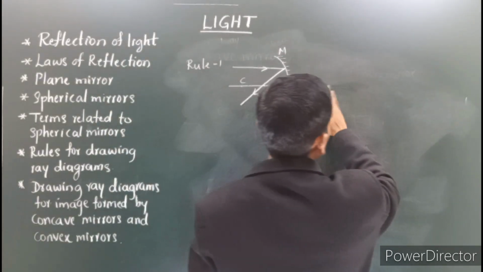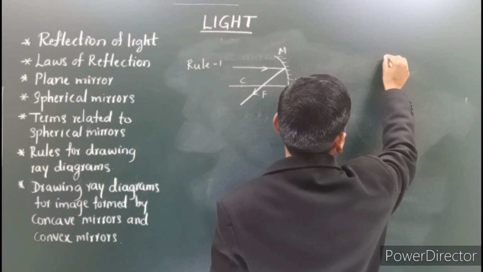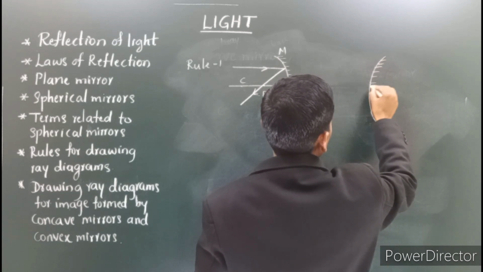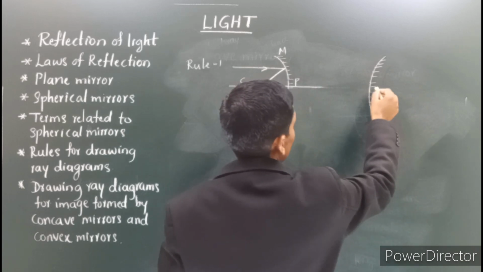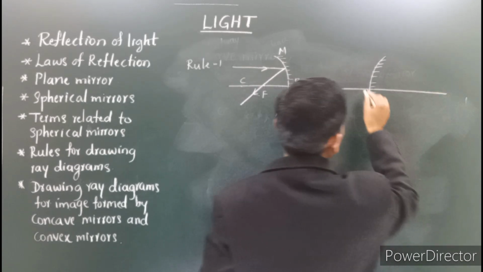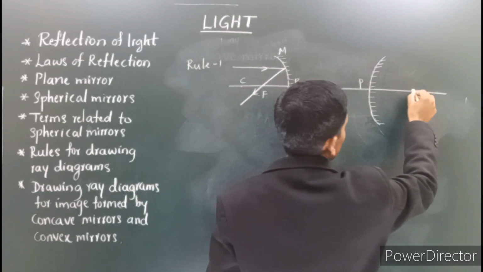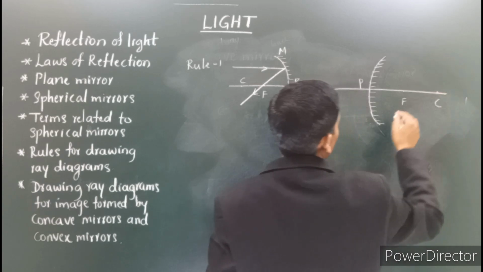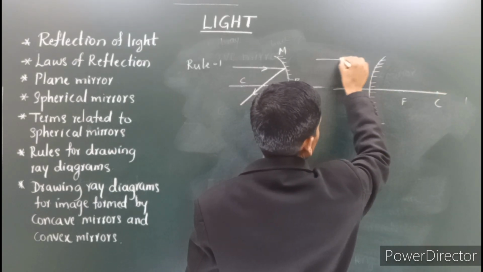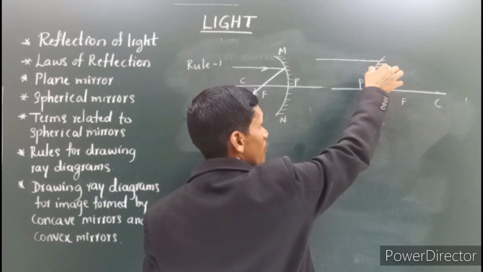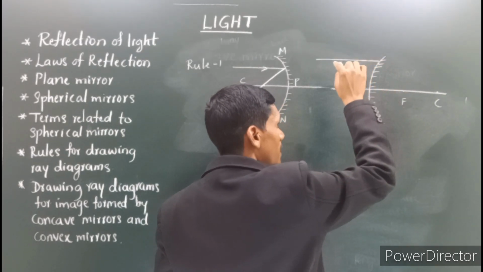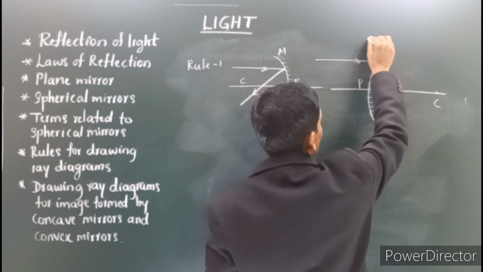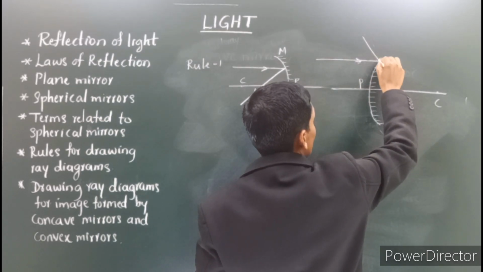If you come to the convex mirror, let us take the convex mirror. Rough surface I am showing on one side. This is the pole, this is the principal focus, this is the center of curvature. Now, a ray which is parallel to the principal axis, after reflection, diverges.